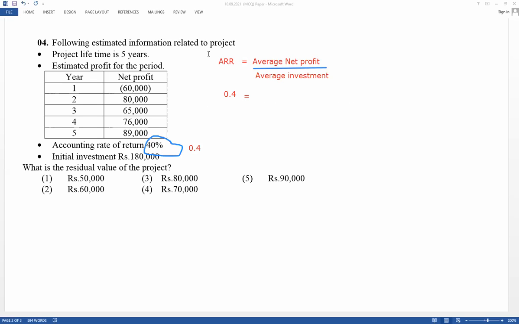Average net profit equals total net profit divided by number of years. Therefore, take the total net profit value divided by number of years to get average net profit.